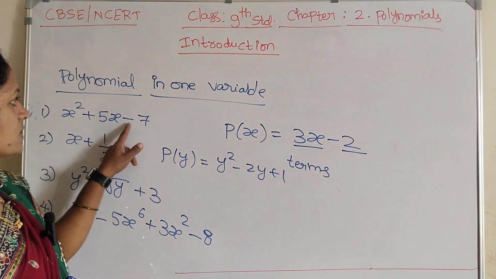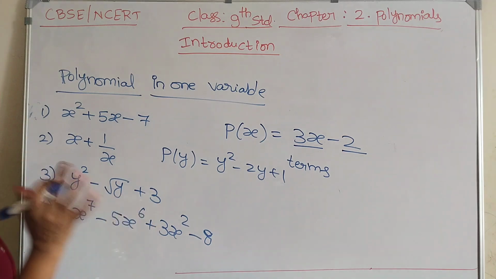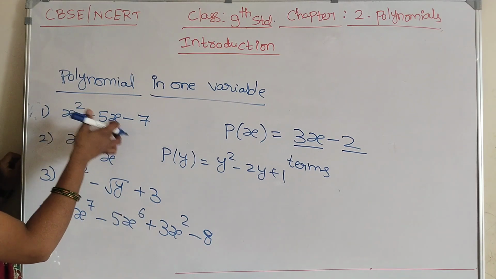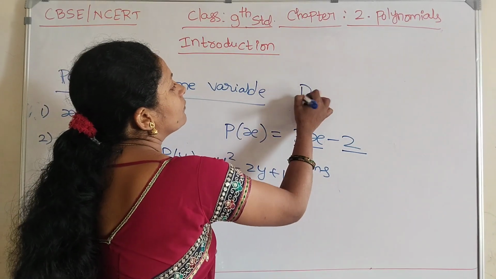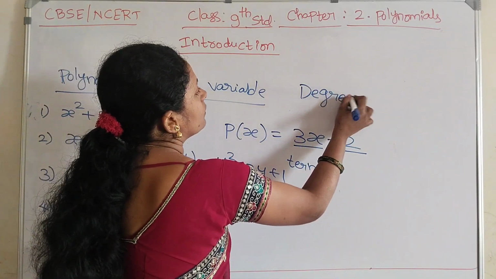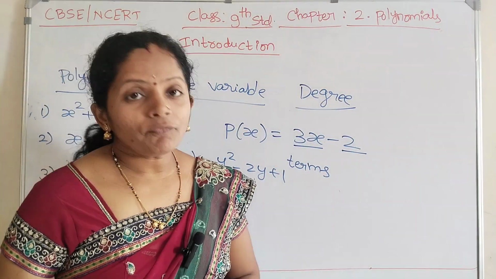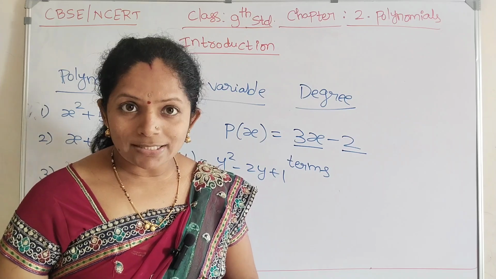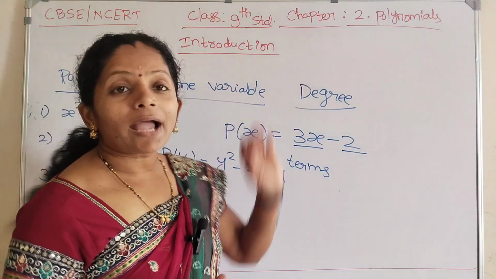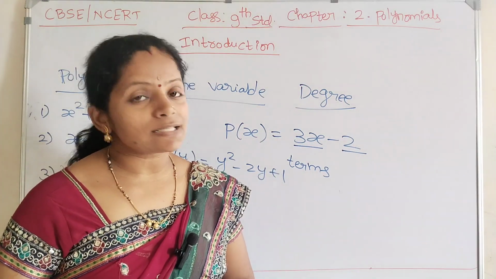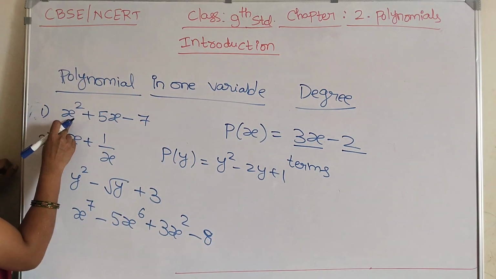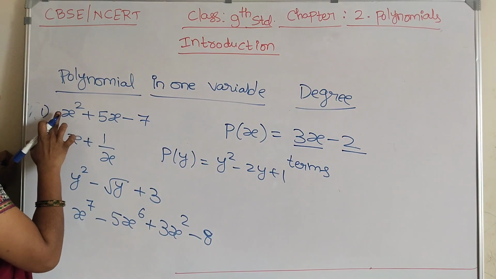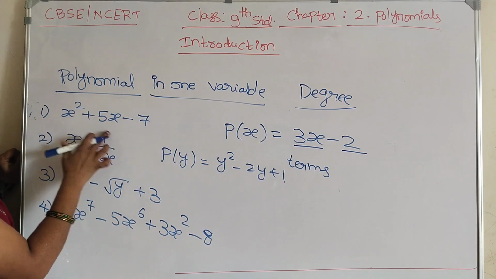x square plus 5x minus 7. First of all, we will define what the degree is. The degree of a polynomial is its highest power. Here, the highest power of this polynomial is 2.